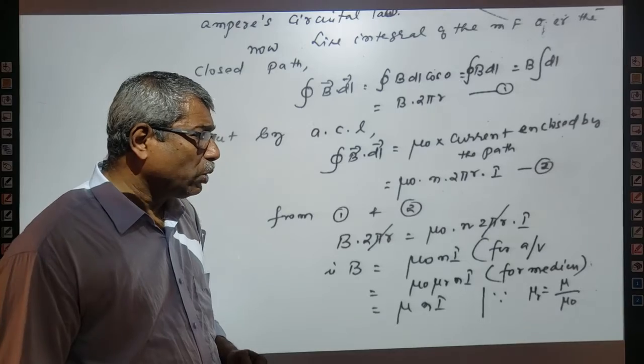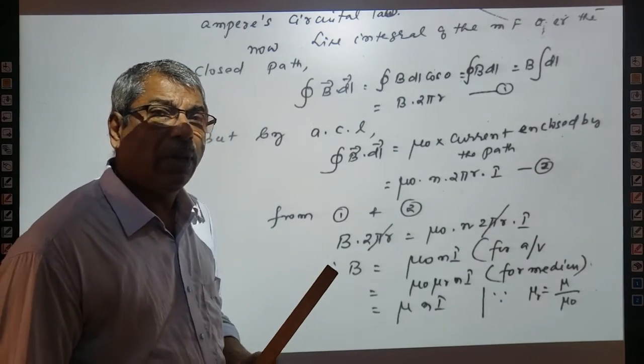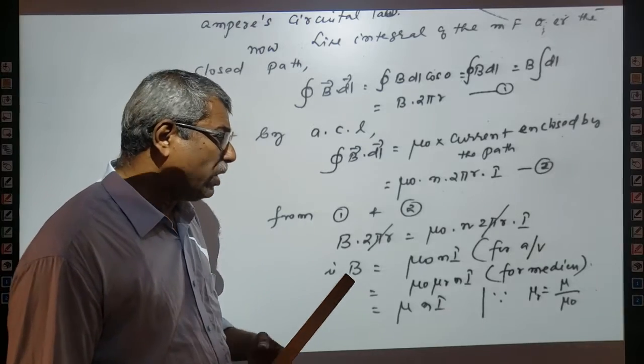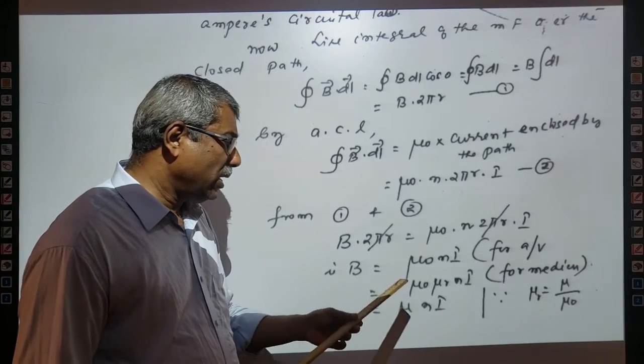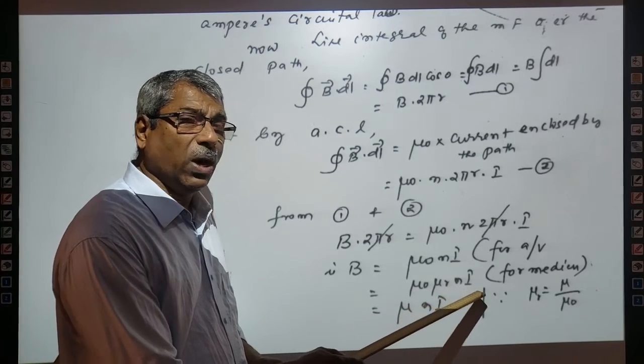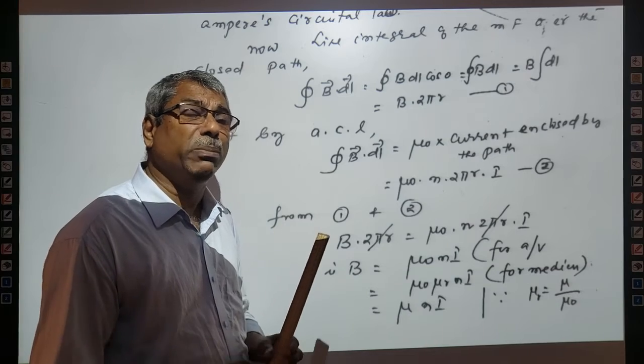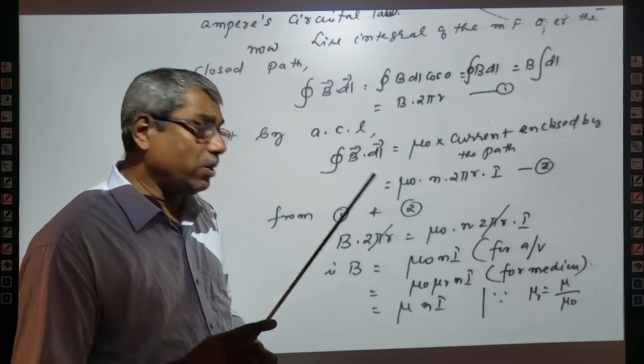If the medium inside the toroid is replaced by another medium of high relative permeability mu r, then B is equal to mu 0 mu r n into I, where mu r is the relative permeability of the medium introduced inside the toroid.